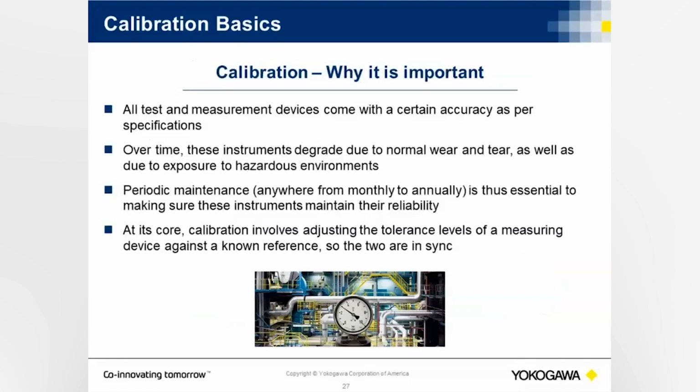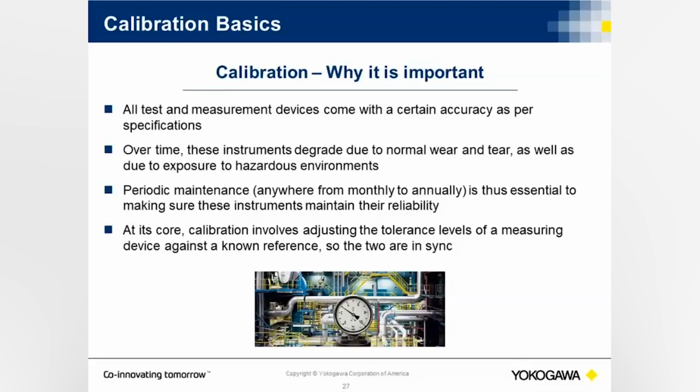So, after going over some of the basics of calibration, why is calibration important? Why is it such a commonly used term, and what's the rationale or purpose behind it? All test and measurement devices, which include field transmitters and field equipment, come with certain accuracies as per specifications.